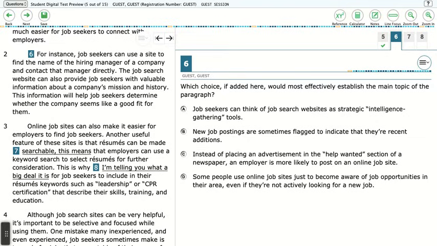B, new job postings are sometimes flagged to indicate that they're recent additions. C, instead of placing an advertisement in the help wanted section of a newspaper, an employer is more likely to post on an online job site. Or D, some people use online job sites to become aware of job opportunities in their area, even if they're not actively looking for a new job.